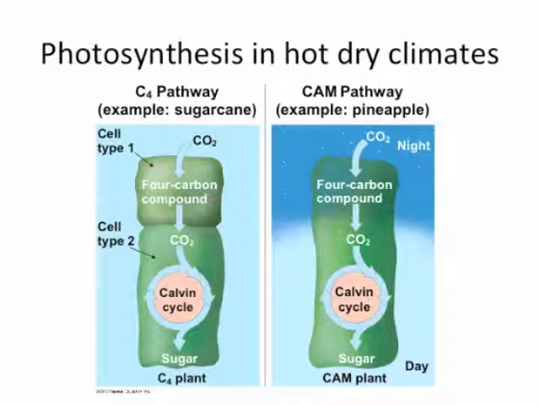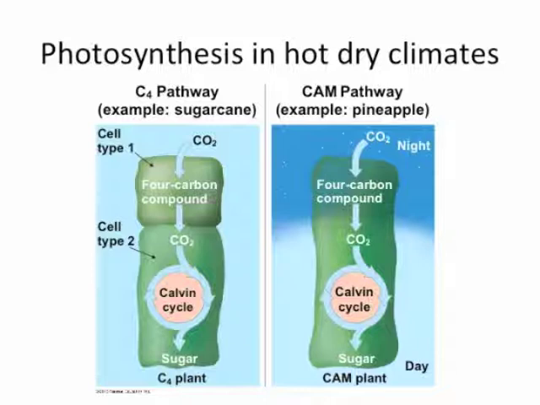So what C4 plants do is that they pull carbon dioxide into the plant in a cell where the Calvin cycle doesn't happen. So they have one cell type where they will actually pull carbon dioxide in, and they have an alternate way of converting it into a 4-carbon sugar. And then they feed that 4-carbon sugar to the cell where the Calvin cycle is happening.